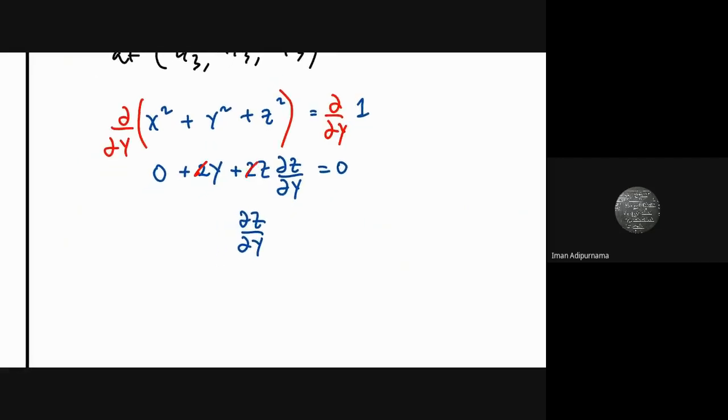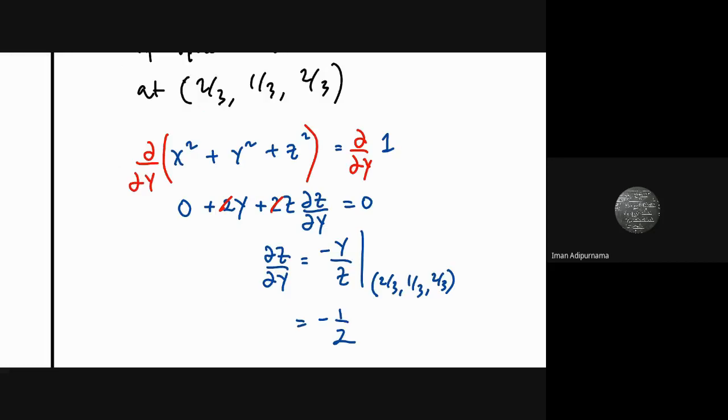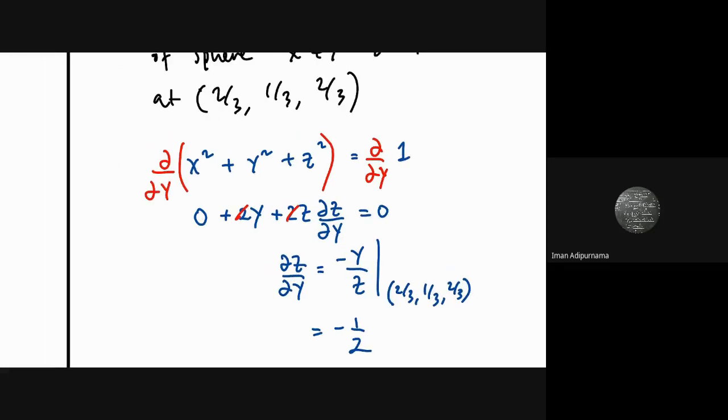This is 2. It's equal to negative y over z. Or if you look at the coordinate, consider that this is negative half. Okay. I think this is quite practical and easy to use.